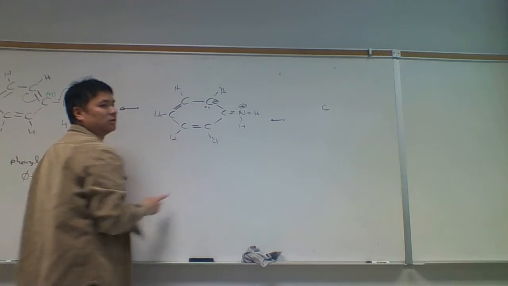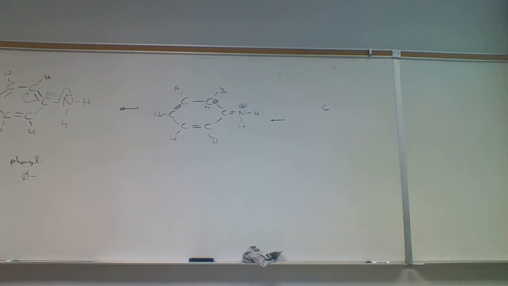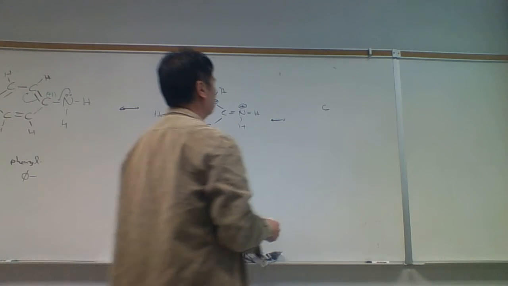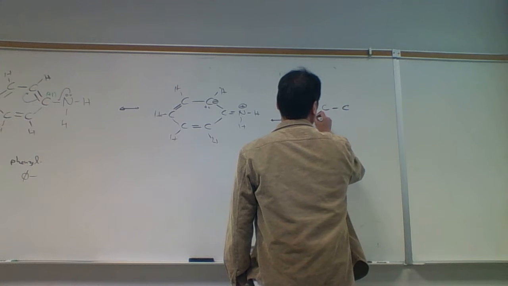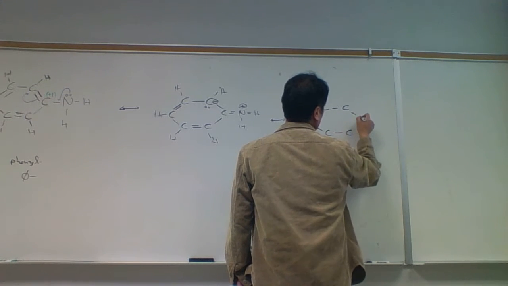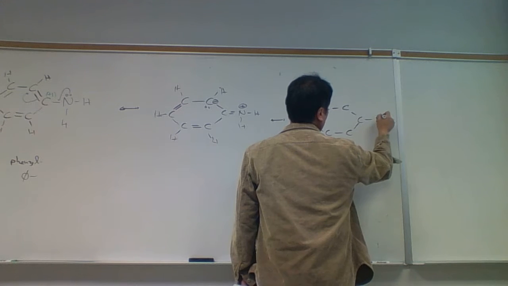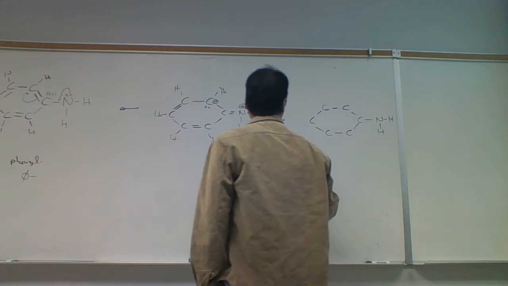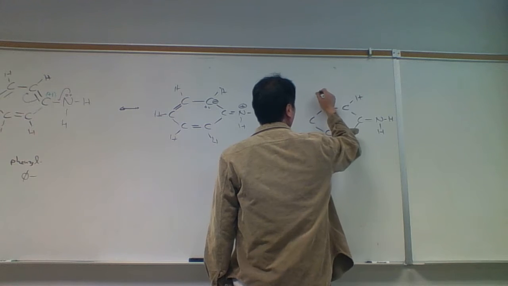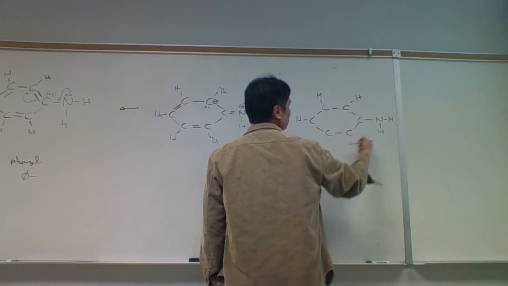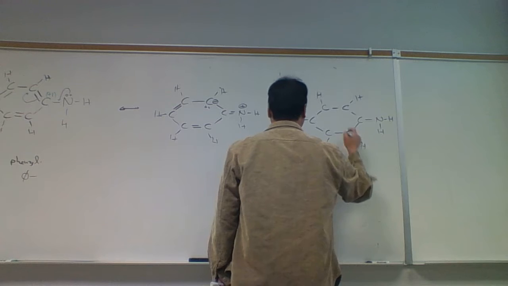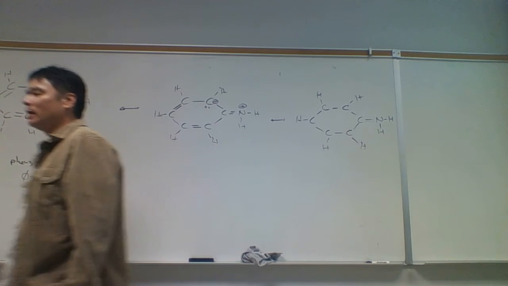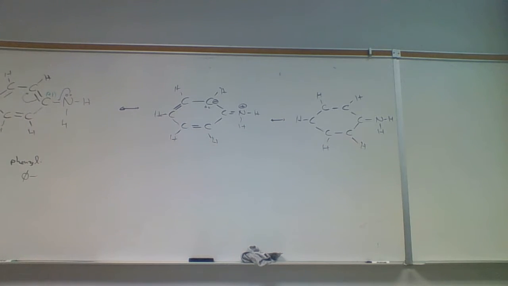So try to figure out another resonance form. The atoms can't move. The atoms have to stay put. You can't move this amine group around the ring, and you can't move the hydrogens either. The only things you can move are the electrons when you're doing resonance. So what's the other resonance form look like?